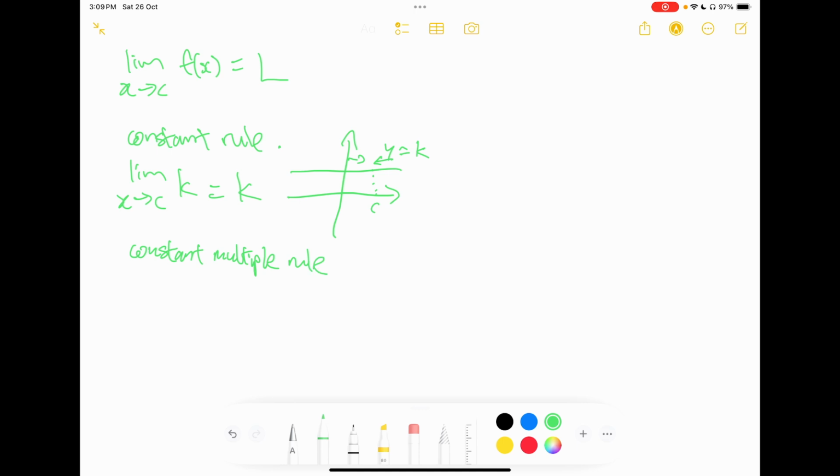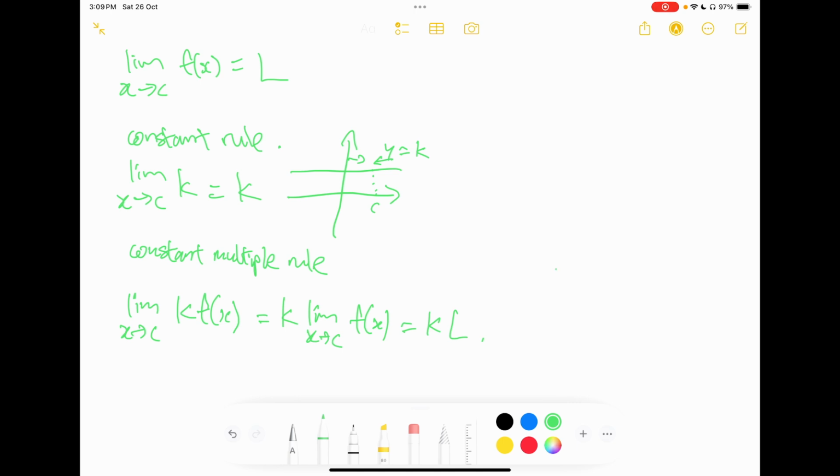Basically what it's saying is that if you have a constant multiple of a function, k times f(x), it's basically the same thing as having k times the limit itself.